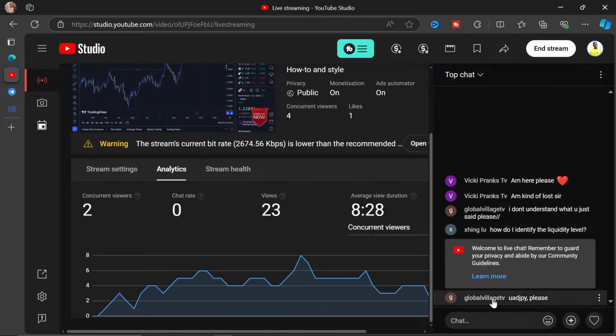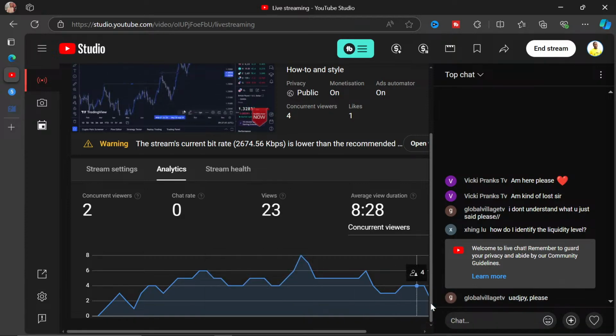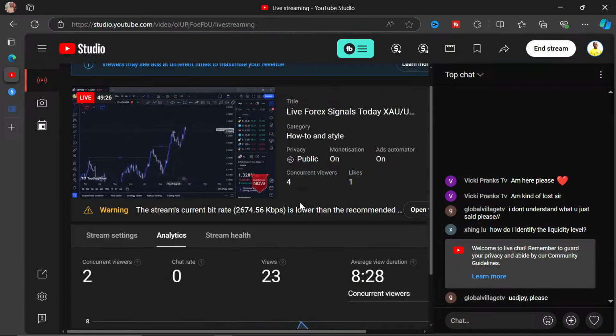Okay, Global Village, you say UAD Australia. Please, which currency is UAD? Do you mean AUD? Please, if you mean AUD, kindly just indicate it.